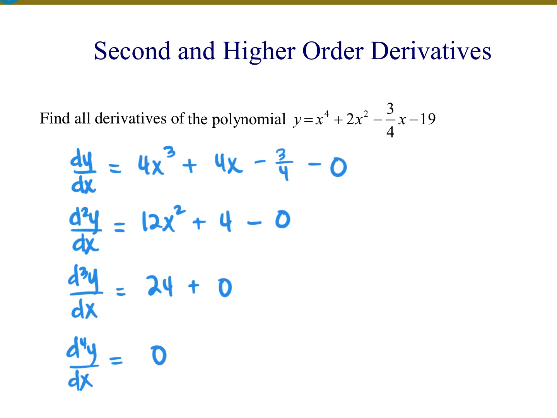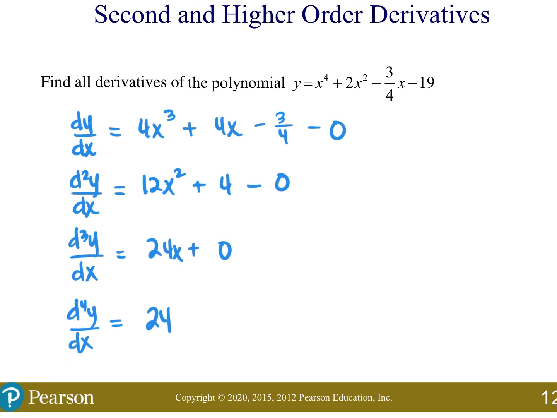And then, it's 24x. Oh, we're missing an x. All right, so this one's not 0. What is it? I think I forgot to write it. That one's 24. Okay. D5. Now we're to 0. And from there on, everything else would be 0 the rest of the way. Okay. So we were able to get 5 derivatives out of that.